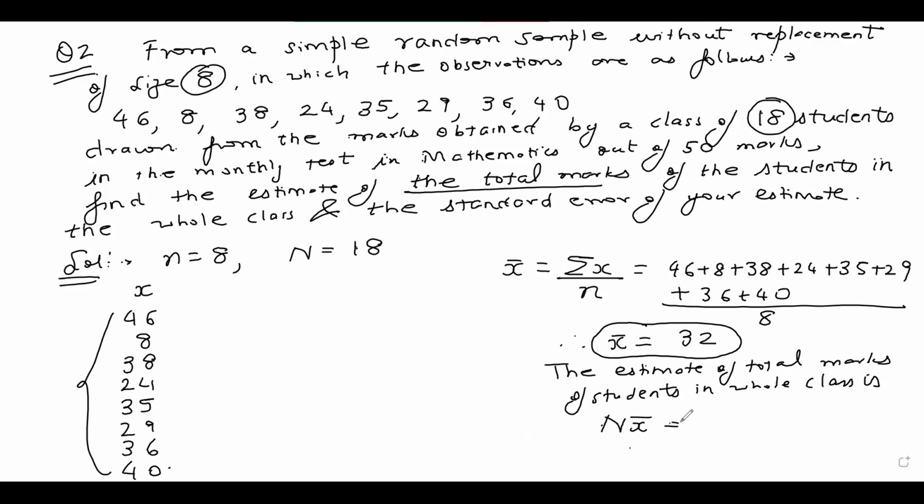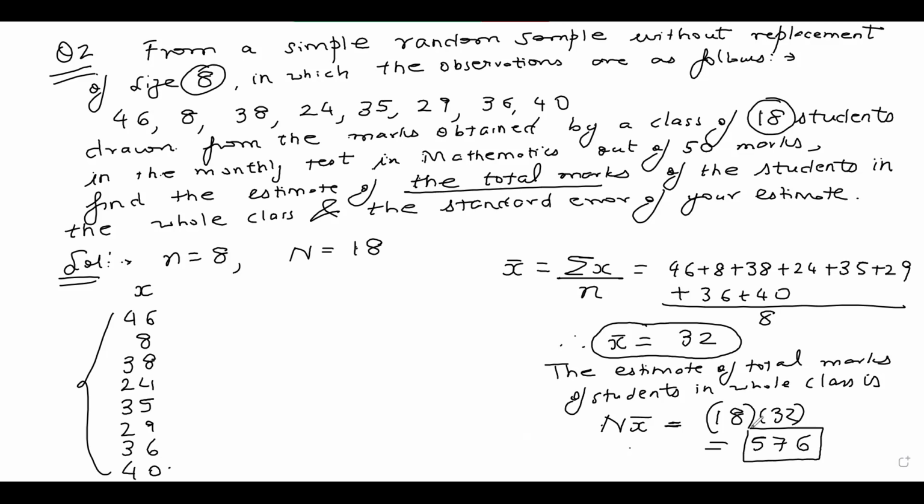Capital N takes the value 18 and x bar takes the value 32. So 18 multiplied by 32 is 576. That means this is the estimate of the total marks in a class of 18 students.